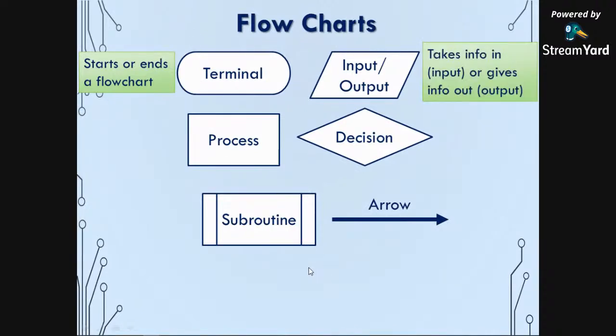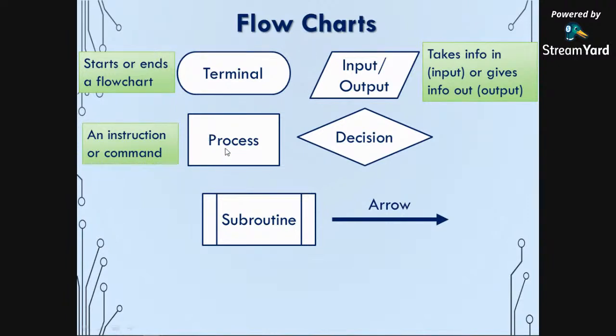Then we've got the input or output, which takes information in as an input. So it asks a question or that sort of thing, or it takes information out. So it gives information out as an output. So it in some way sends information out. So that might be like a print statement in Python. This box here is a process, which is always an instruction or a command.